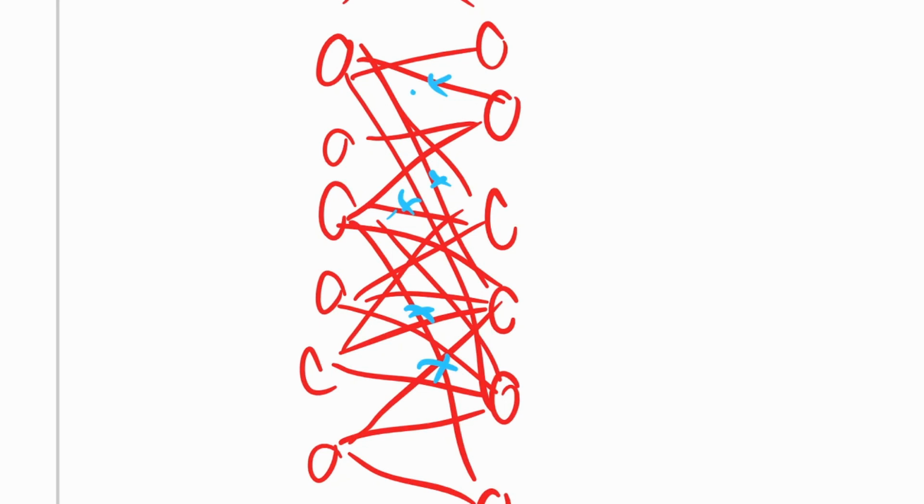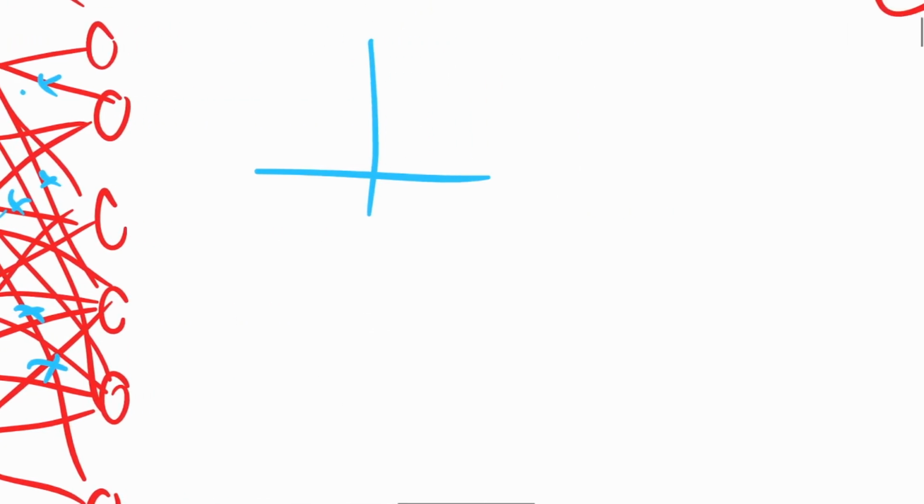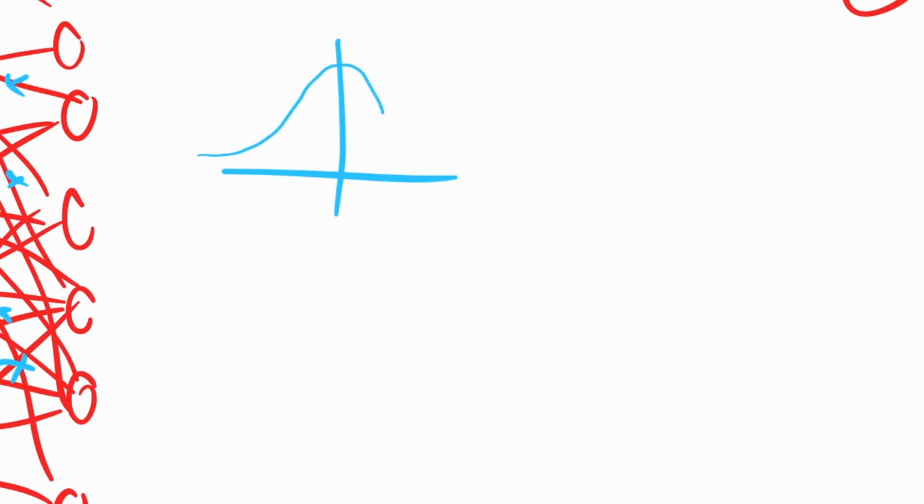Usually this is done by so-called magnitude pruning, which means that you look at the weights, and they have some distribution, from very negative weights to very large positive weights.